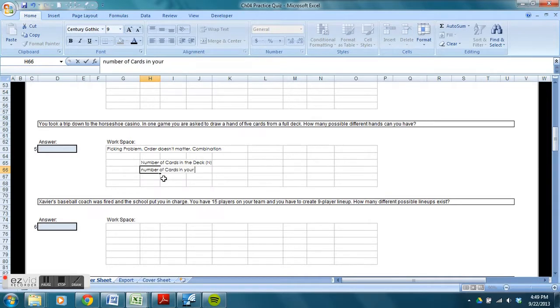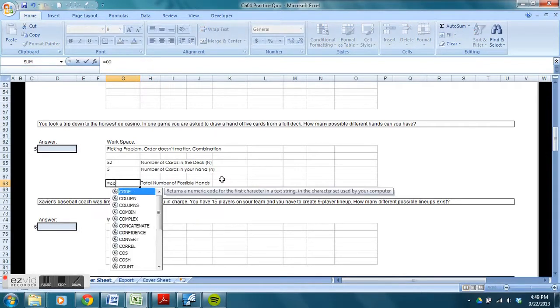And let's capitalize this. Number of cards in the deck is 52. Number of cards in your hand is 5. And so your total number of possible hands, or your total number of combinations, equals combination 52, and you're picking 5.